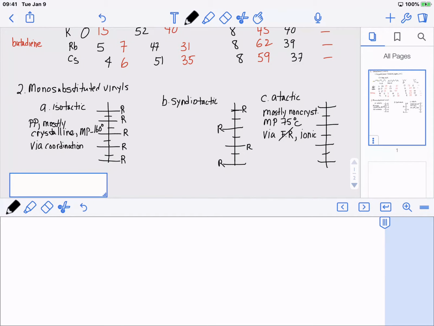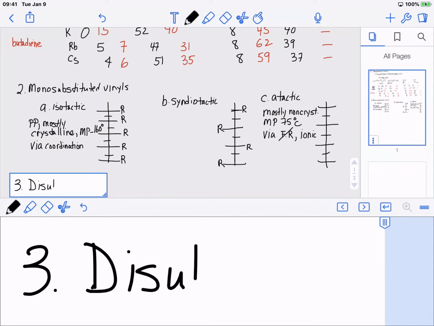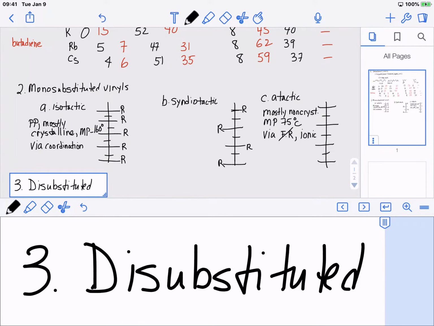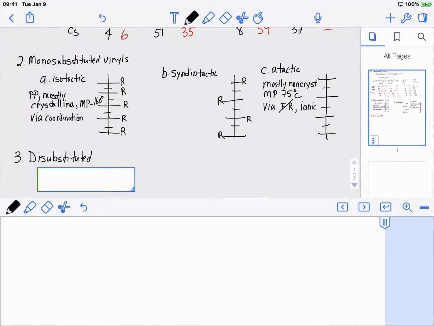In addition to that, there are di-substituted polymers. And for di-substituted, there is an erythro-diisotactic.